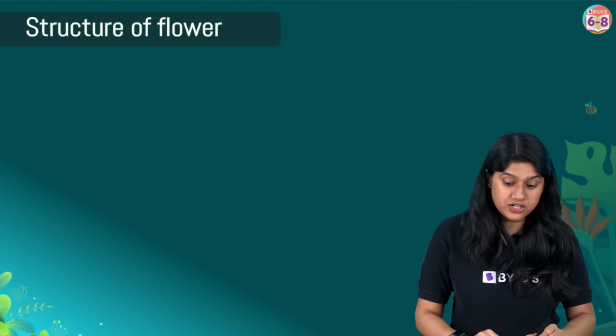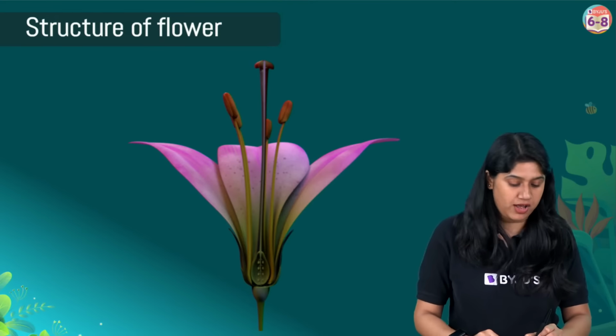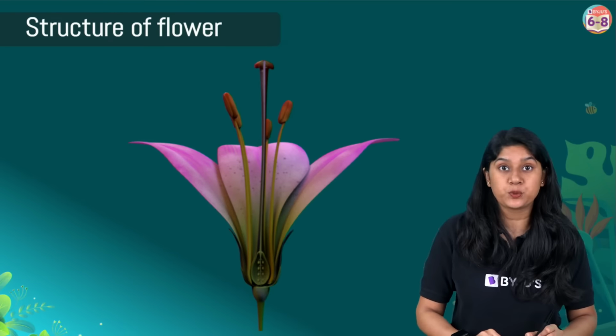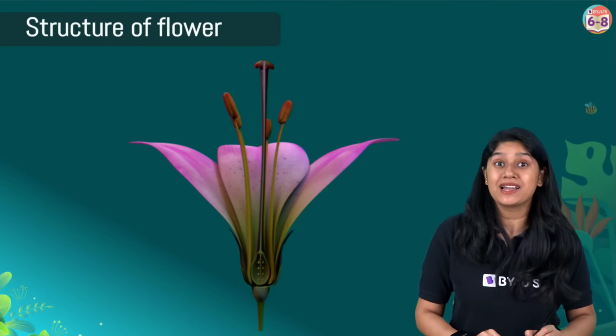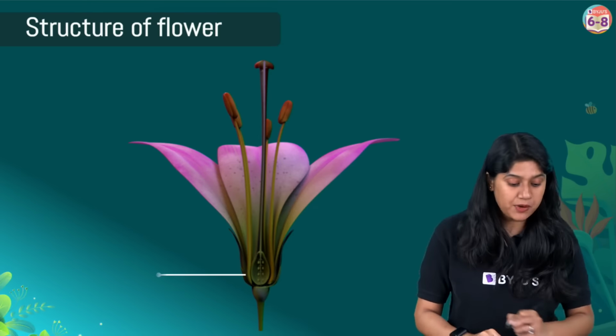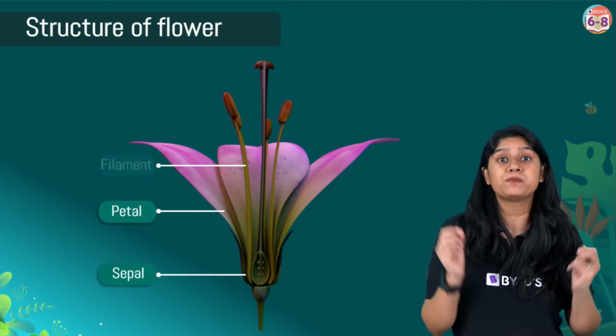Before we get into it, let's quickly discuss the structure of a flower. The flower that we have over here has both male and female reproductive organs. We call such flowers bisexual flowers. Let's quickly discuss the basic, essential parts of a flower.